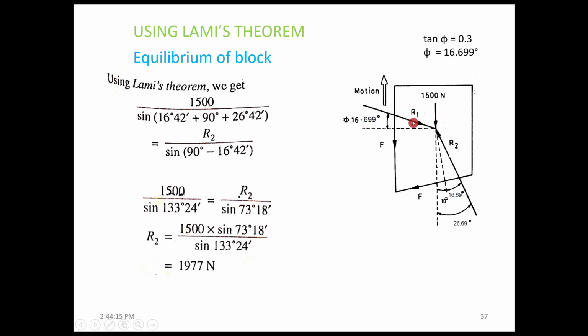Because this is actually 90 in total, minus 16.69, it gives you the value. So R2 is equal to 1977 directly by Lami's theorem.